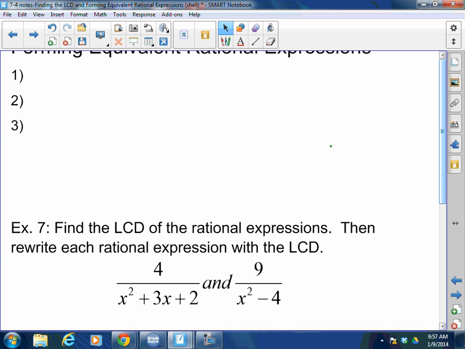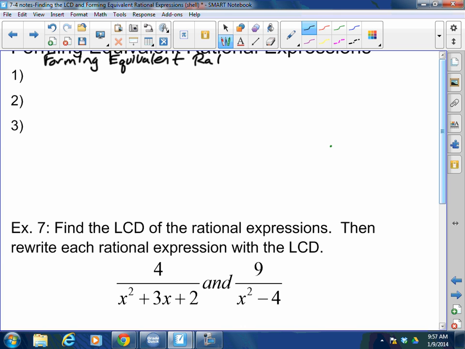It says forming equivalent rational expressions. Now remember, whenever you want an equivalent fraction, you must multiply the same value to both the numerator and the denominator.